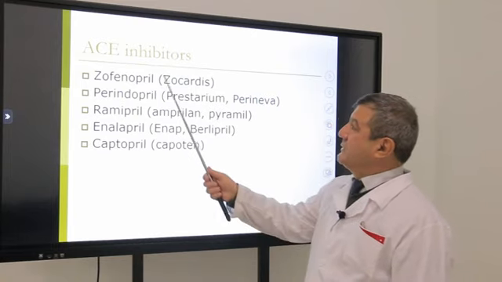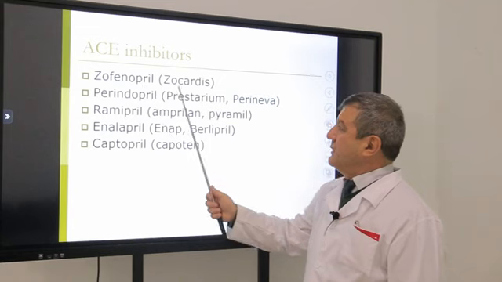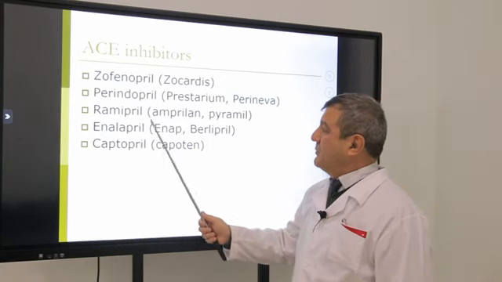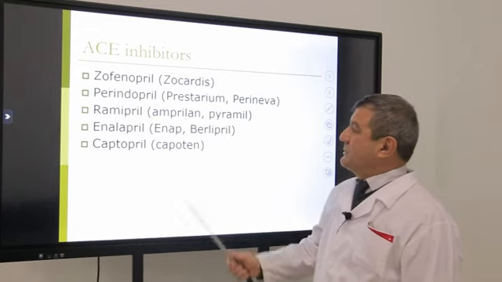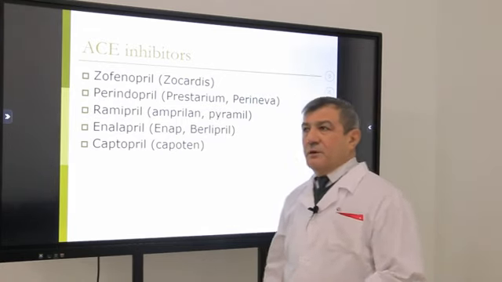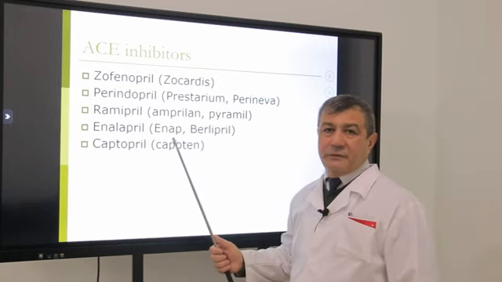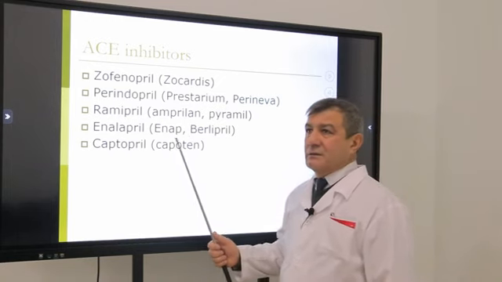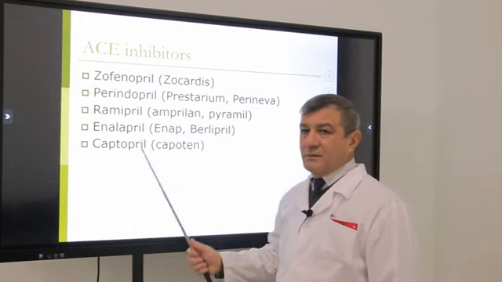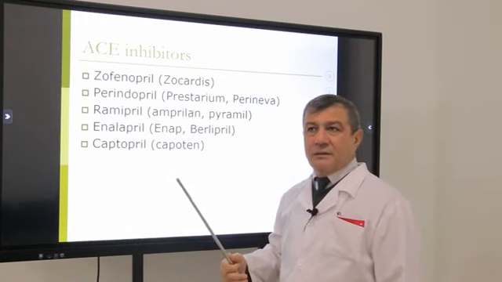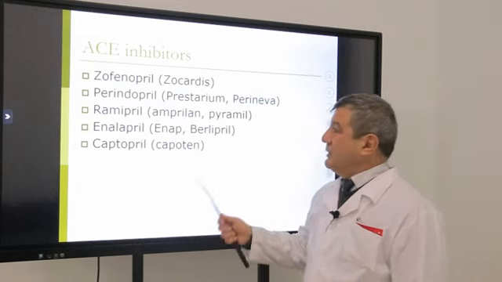Next one, ACE inhibitors. ACE inhibitors: dofenapril, perindopril, ramipril, enalapril, and captopril. These medicines also, if recommended for a long time, are very useful, but they also have side effects like dry cough. If after recommending these medicines the patient has dry cough, we have to stop these medicines.